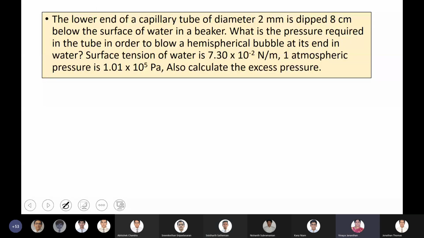The lower end of a capillary tube of diameter 2 millimeter is dipped 8 centimeter below the surface of water in a beaker, which means you have water in a beaker, then you have a capillary tube.